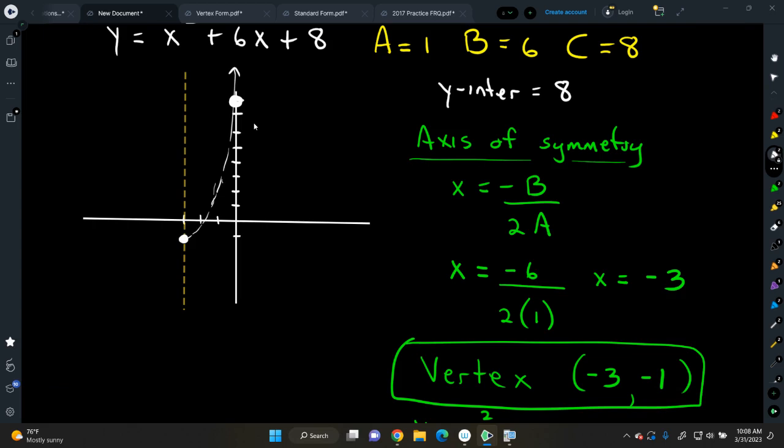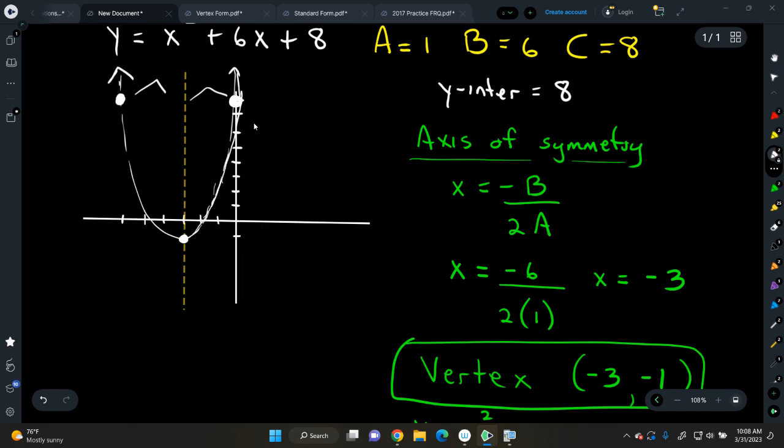Go to 8. Fold it, right? So if I fold it, this is going to be 1, 2, 3 on the other side. Okay, it's 3 away on this side, so it's got to be 3 away on that side. So there's the other half of my graph.